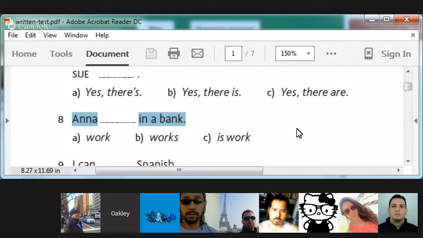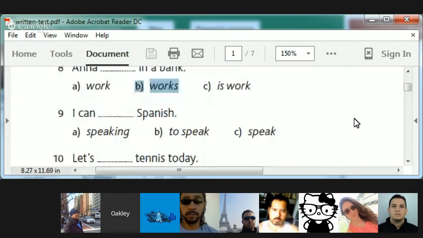Anna works in a bank. It is B, and nice pronunciation with the S sound. Good job. Again, subject-verb conjugation, singular subject noun, and the singular verb. Again, simple present tense. We're still in simple tenses.